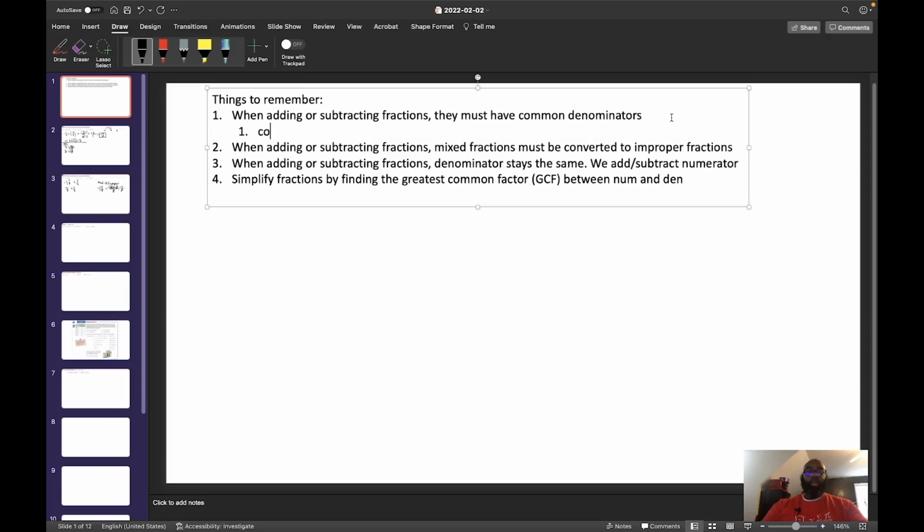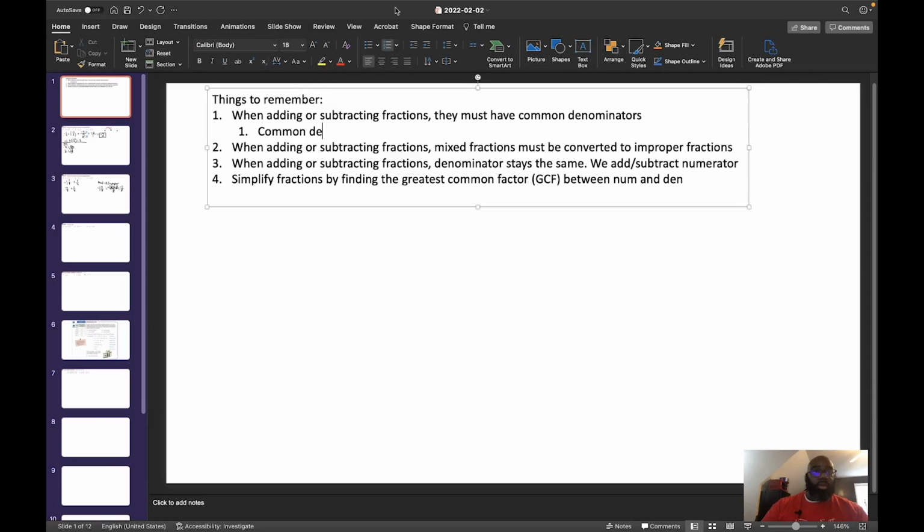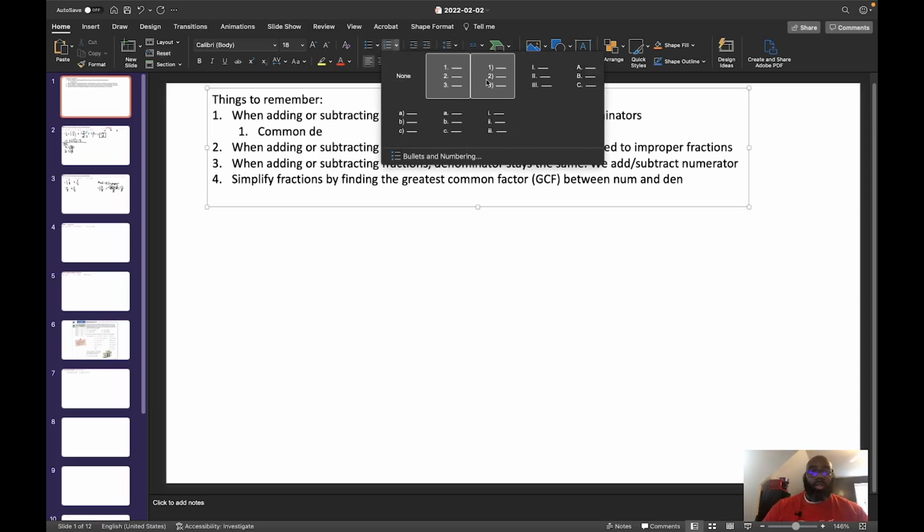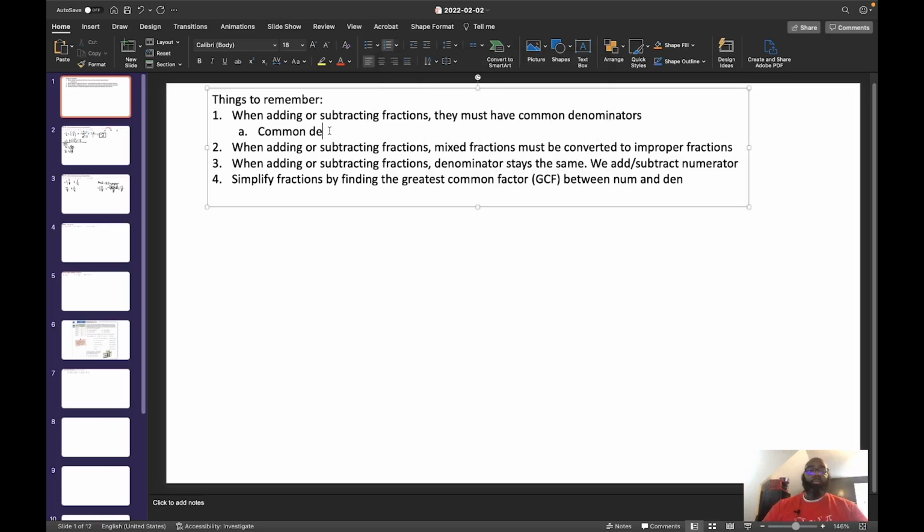Right here we could say common denominators are found by finding the least common multiple of both original denominators.